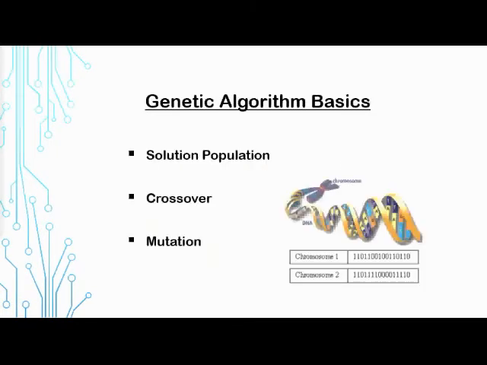Before I explain the specifics of the genetic algorithms used in the experiment, I would like to return back to genetic algorithms and discuss the basics. At the core of the genetic algorithm lies the solution population. This is a population of solutions which is to be optimized into the final optimal set of solutions.